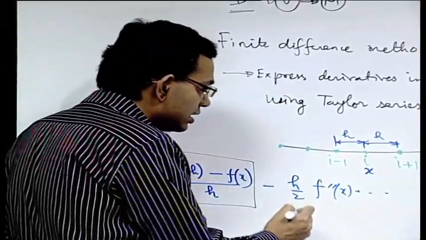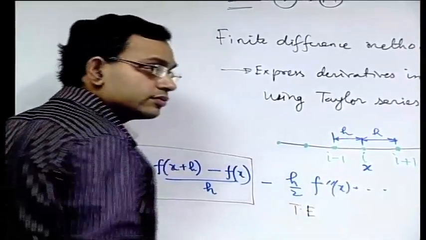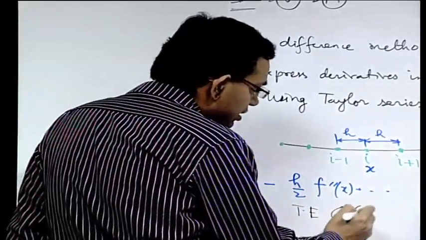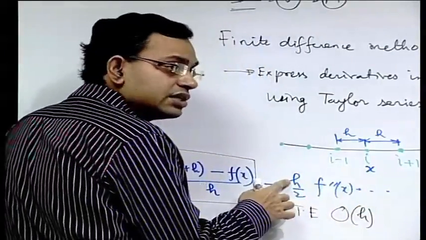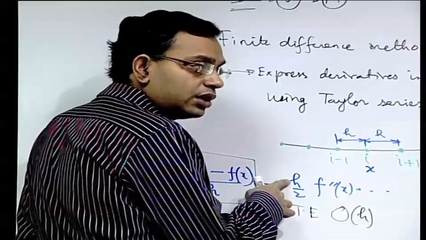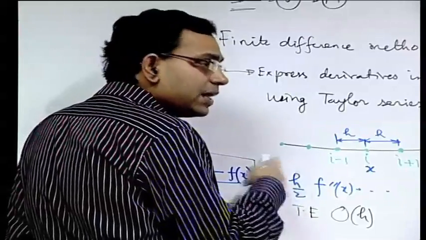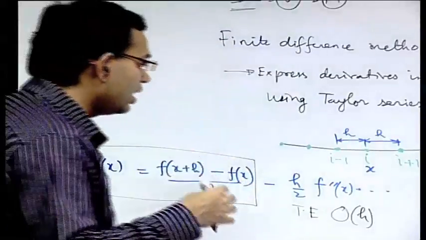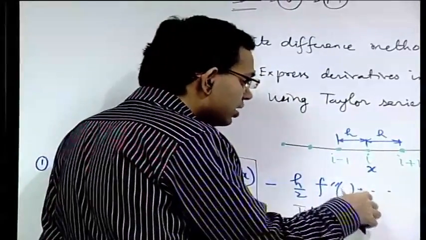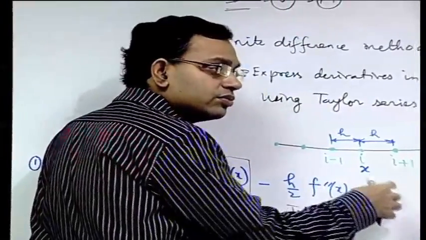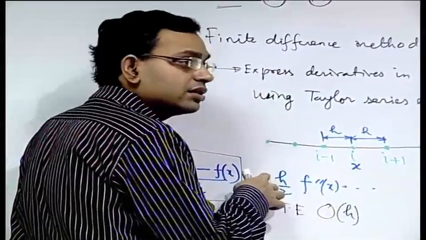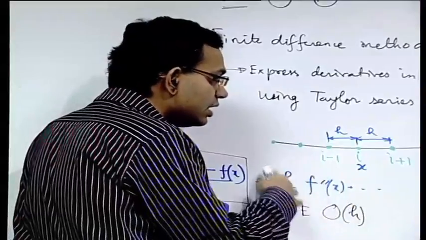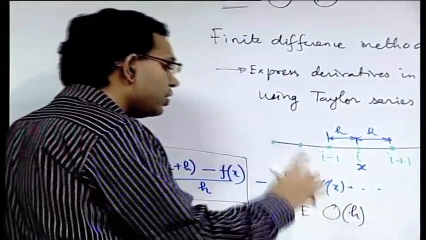That is called a truncation error, and the truncation error here is of the order of h, because this is the leading order term. So we expect that h is small for this implementation to be accurate, and if h is small, the subsequent terms like h square, h cube are expected to be smaller than h, and hence the truncation error is dictated by the leading order term, that is of the order of h.